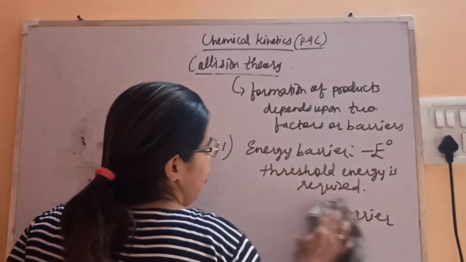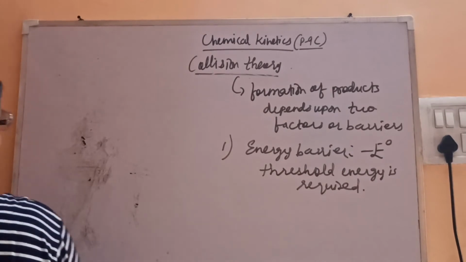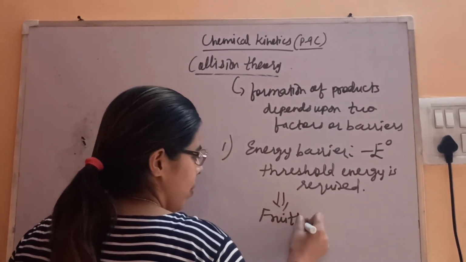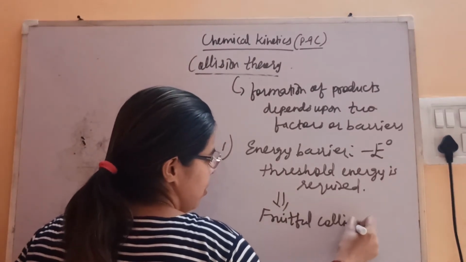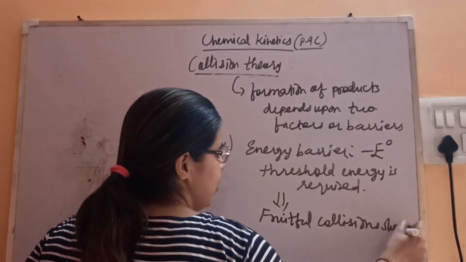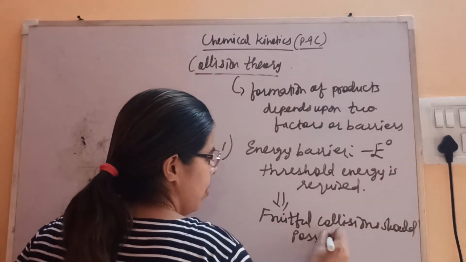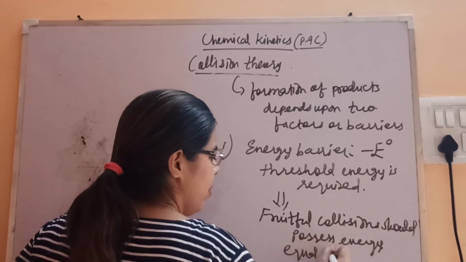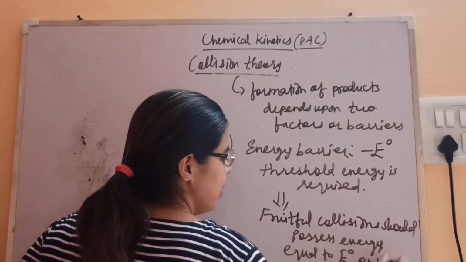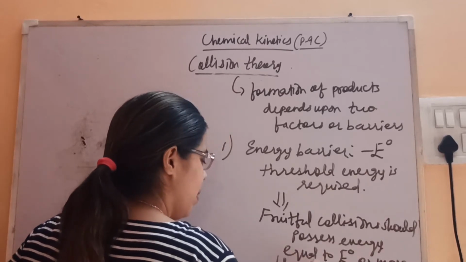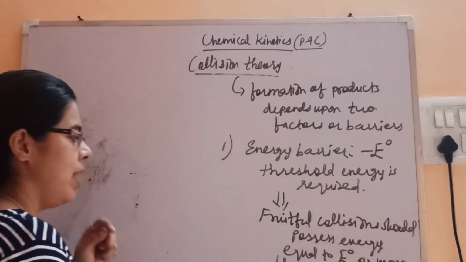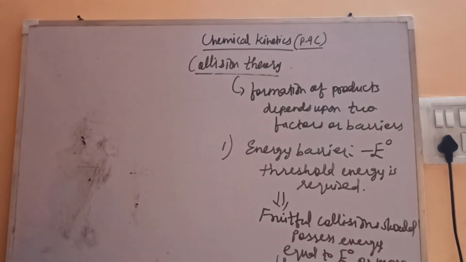Yes, fruitful collisions will take place, or you can say fruitful collisions should possess energy equal to E naught or more than this, which is sometimes also called activation energy, or more than that. So this is the energy barrier that reactant species has to overcome.